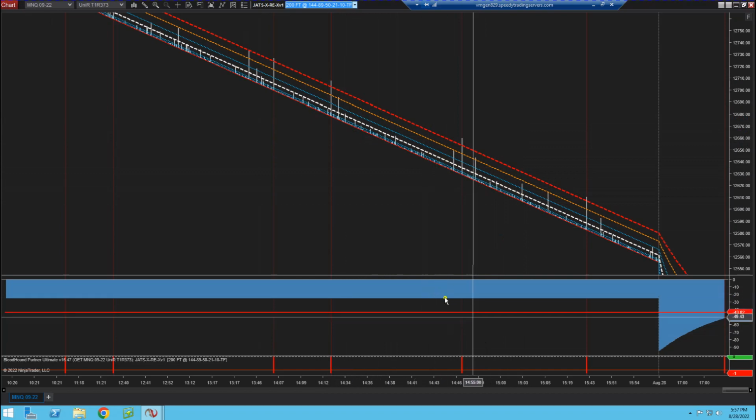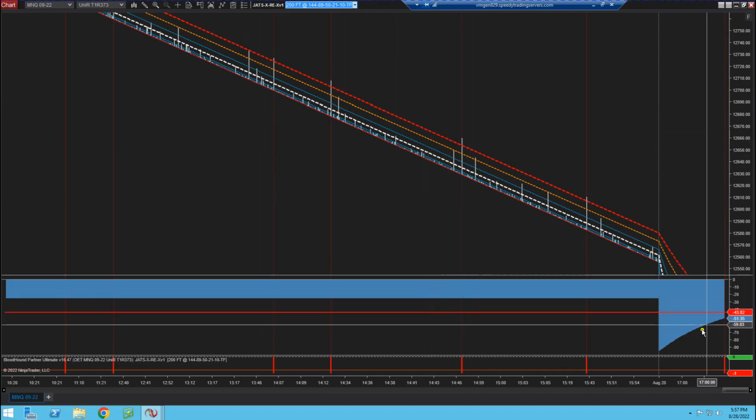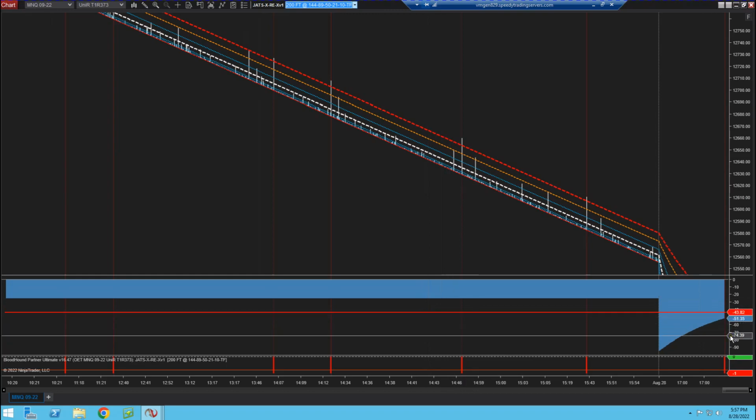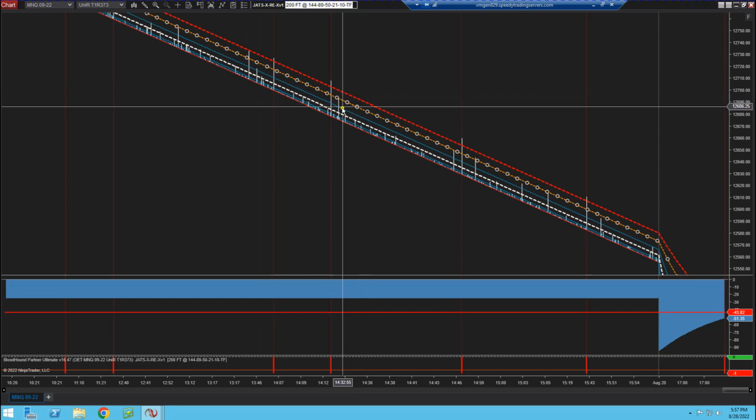And on the bottom part of it is an oscillator that helps me with an eyeball glance see how far I am away from two moving averages maybe that I want to be trading. So say I want to be trading the 89 and the 50.